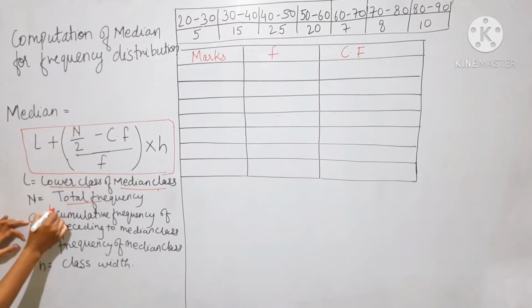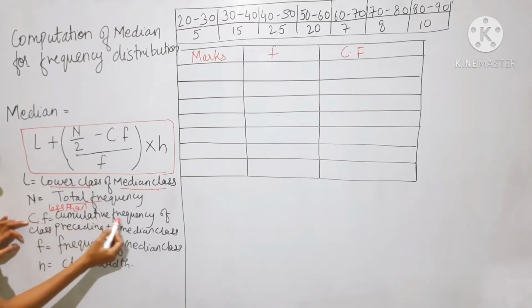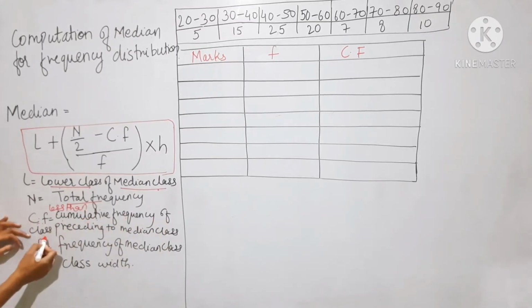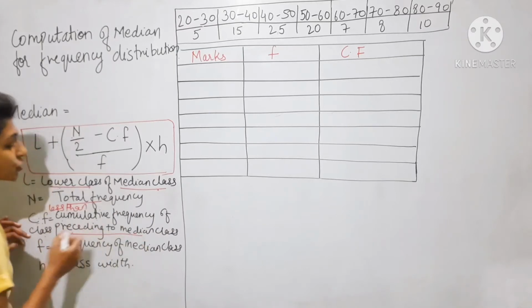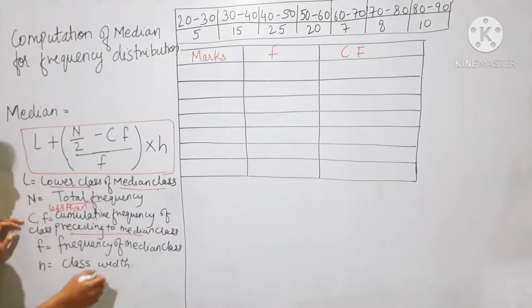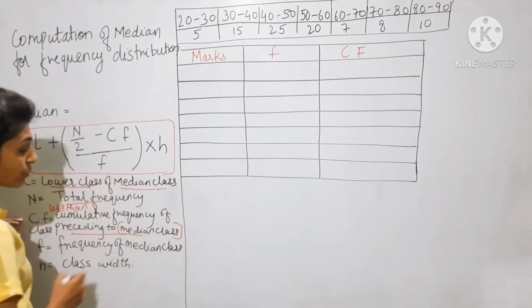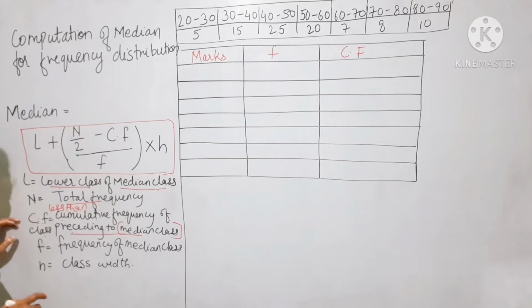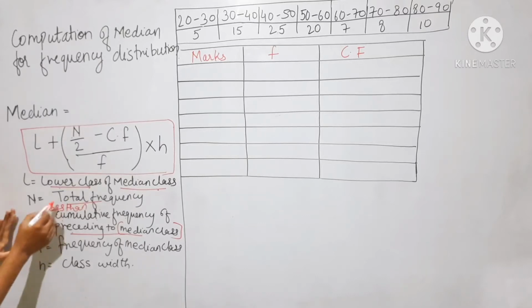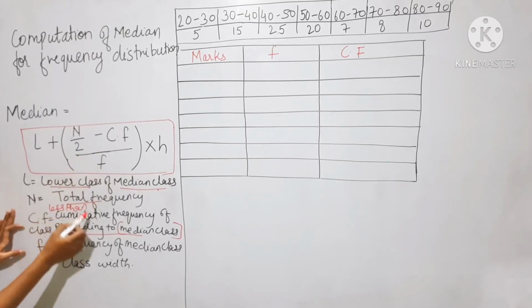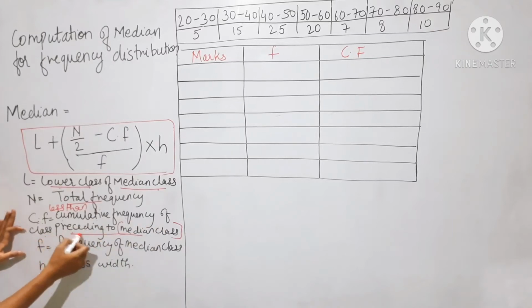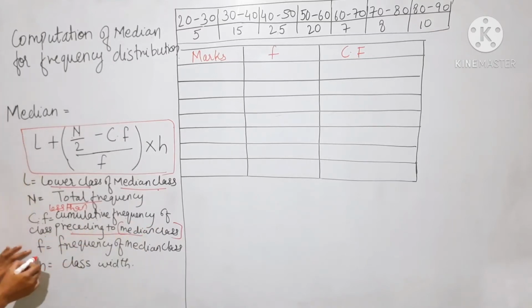CF is the less than cumulative frequency of the class just preceding the median class. In this formula too, the median class is important, so you need to calculate the median class first.